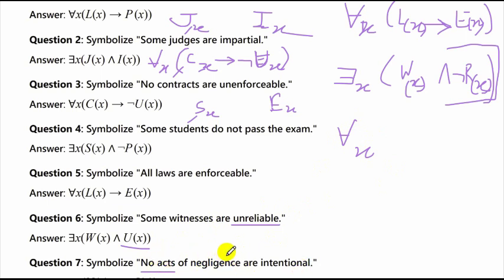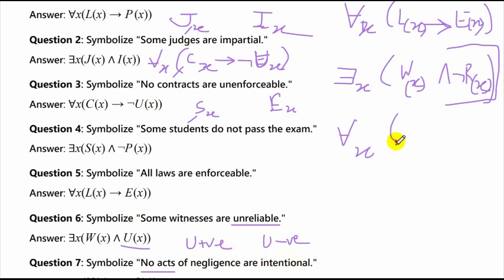This is a universal negative, and if it has to be moved into a universal positive, we say all. This is the converse we have to do, right? So no acts of negligence are intentional becomes all acts of negligence are unintentional.